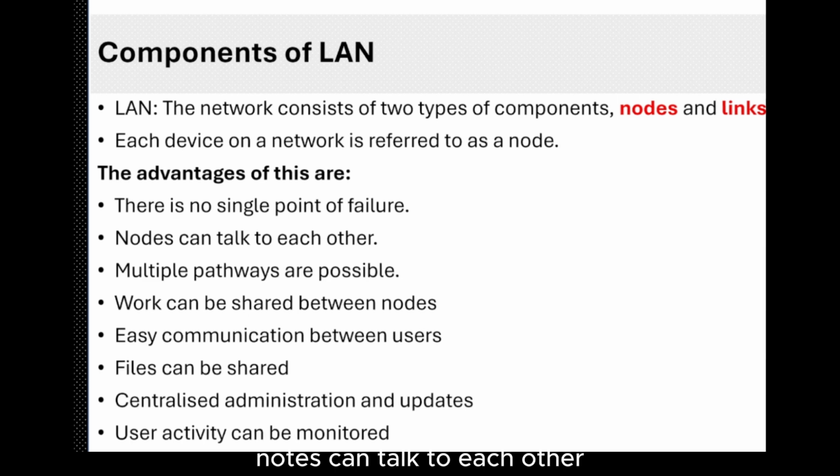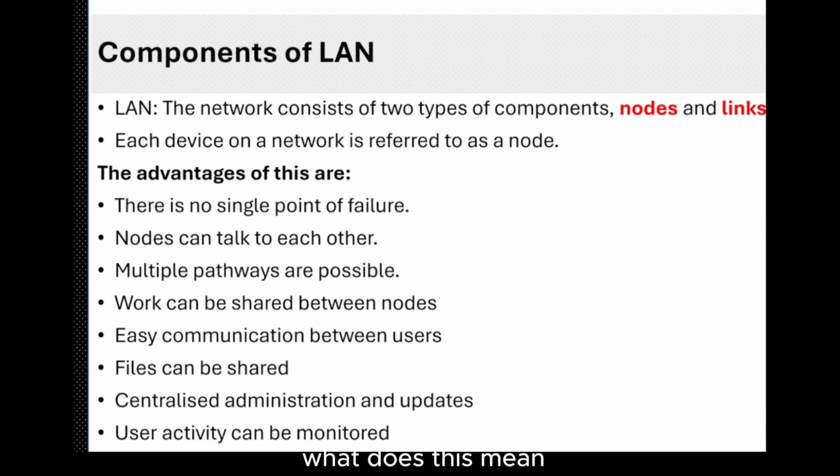Nodes can talk to each other, multiple pathways are possible, work can be shared between nodes, easy communication between users, files can be shared, centralized administration and updates, users' activity can be monitored, users can log into any computer.